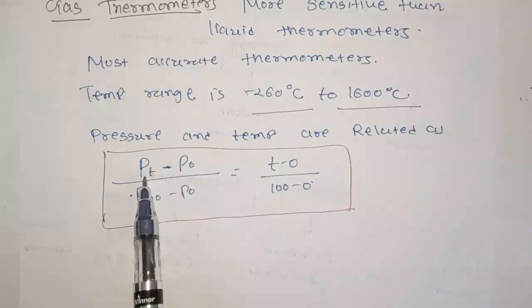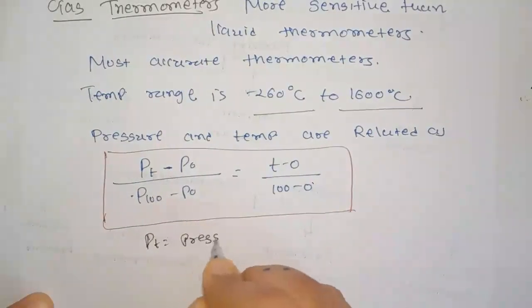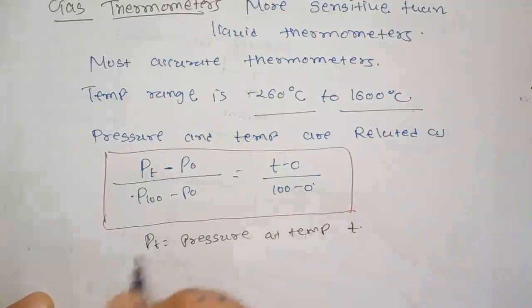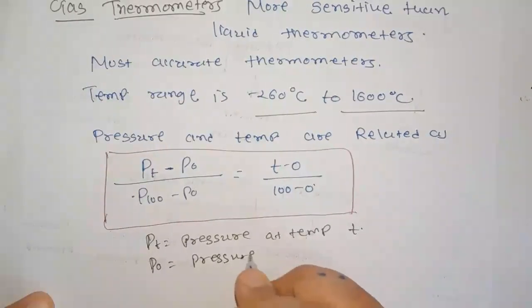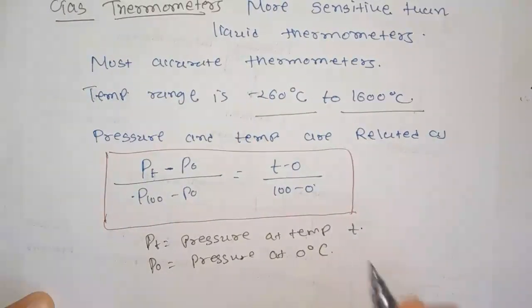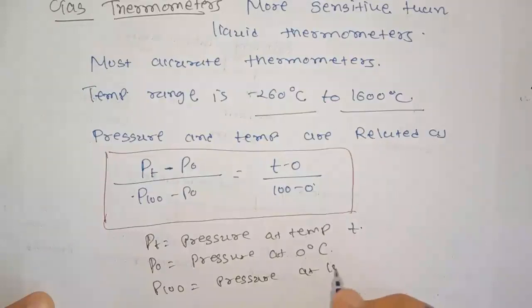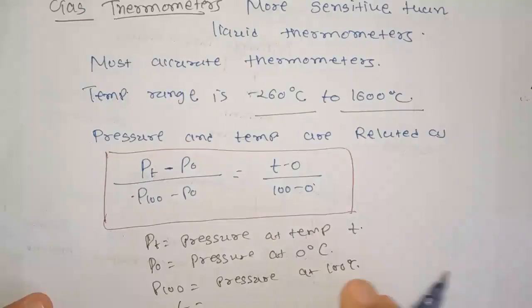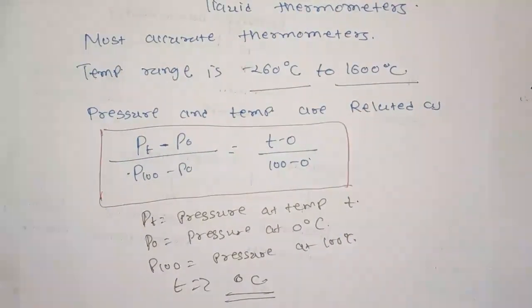Here Pt is the pressure at temperature T, P naught is the pressure at 0 degree Celsius, and P100 is the pressure at 100 degree Celsius. T will be the temperature in degree Celsius.